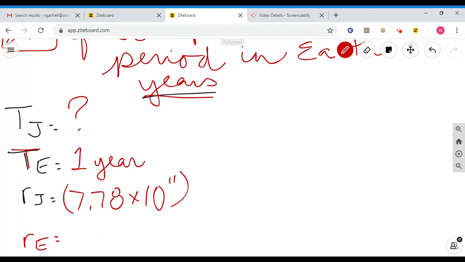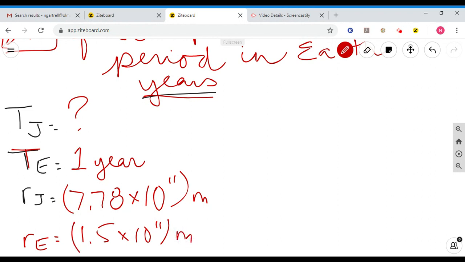Putting it in parentheses. If I'm not giving you enough wait time, pause the video. Then go find it and then play it again. Find R sub e for Earth. It is 1.5 times 10 to the 11th. I'm going to put that in parentheses.